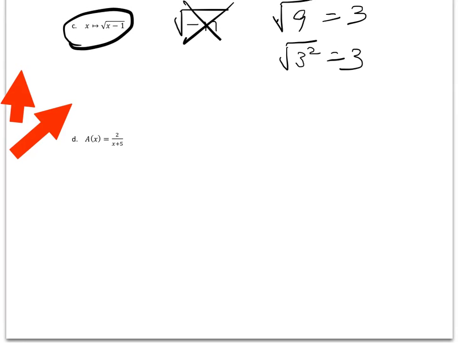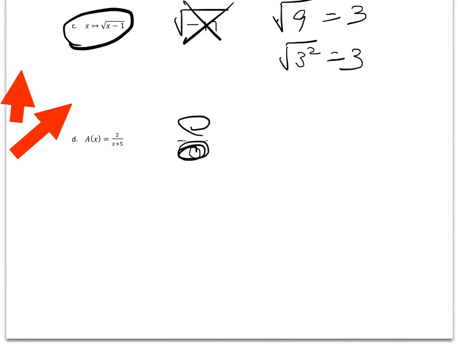Okay, here's another one. Right here we have a fraction, and in a fraction you cannot have 0 downstairs. The numerator can be any real number, but the denominator cannot be 0, because you cannot divide any number by 0.